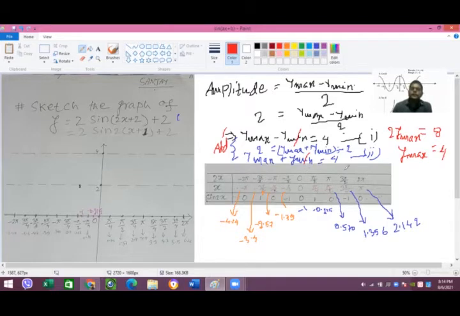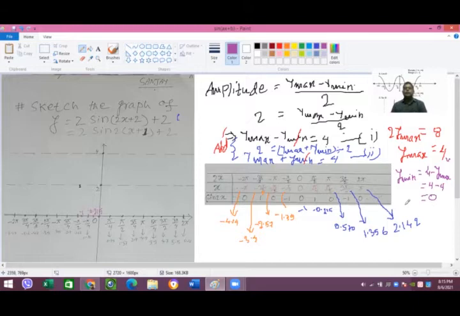Now you take either equation 1 or equation 2. I'm taking equation 2. So from equation 2, you can see that y minimum equals 4 minus y maximum. And y maximum is 4. So it is 4 minus 4. That is 0.